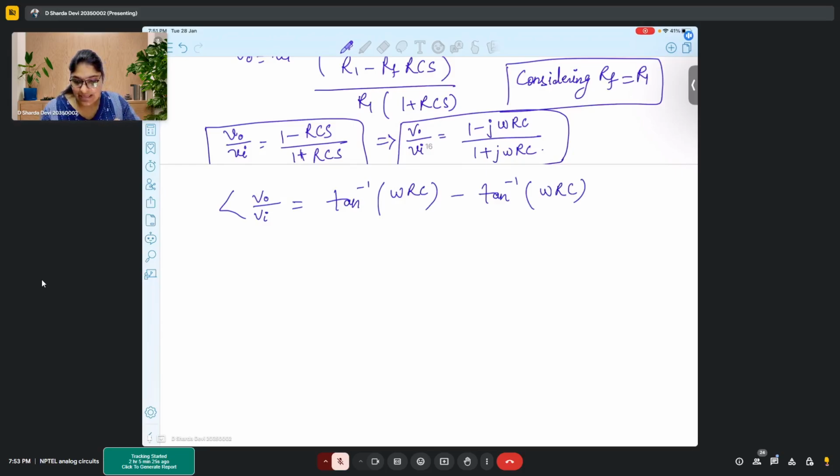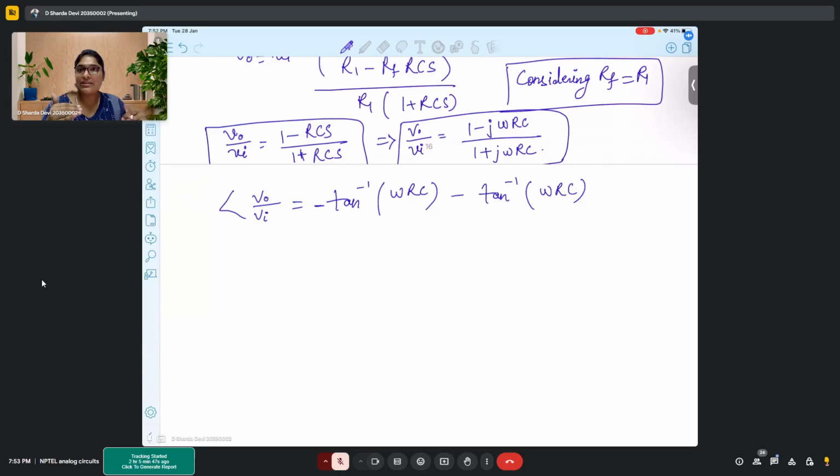1 minus tan inverse would be, 1 minus j omega RC, what is its phase? 1 minus j omega RC, yeah, minus tan inverse, fourth quadrant, right?